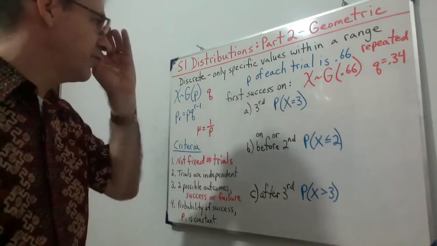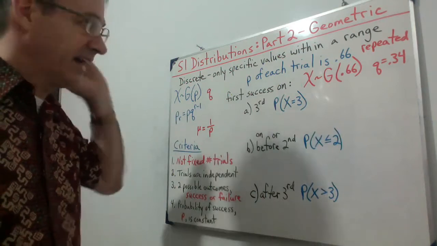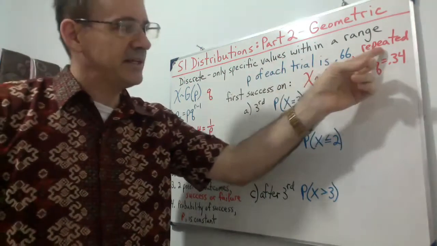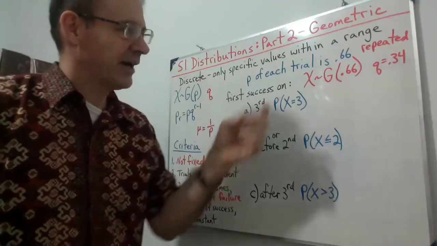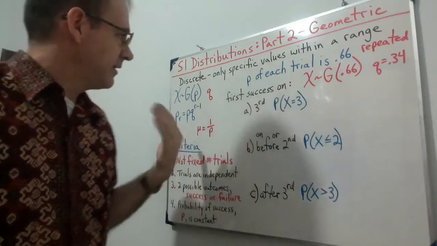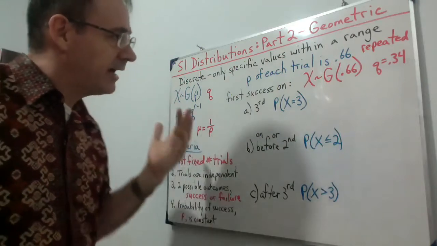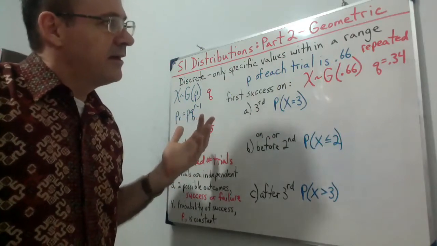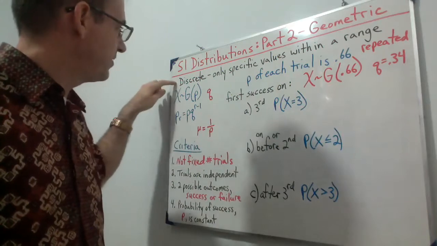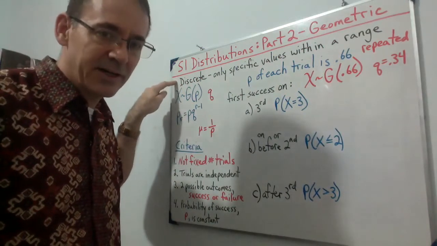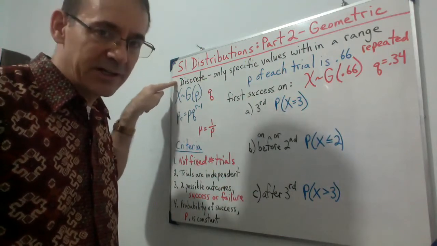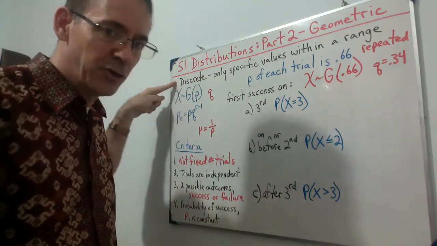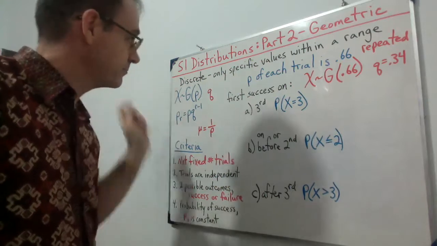So in this first question, it says that there are repeated trials and the probability of each trial is 0.66. Now, I don't remember if it specifically gives us any kind of indicator concerning discrete or continuous, but we're just going to assume right now that it's discrete.